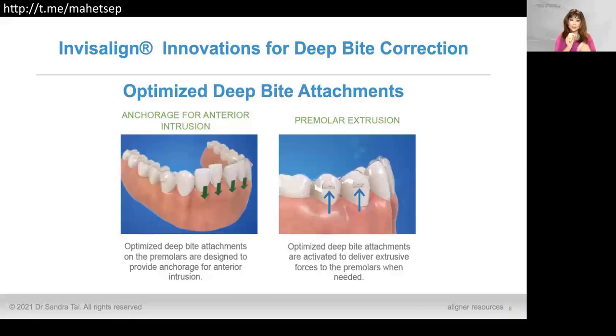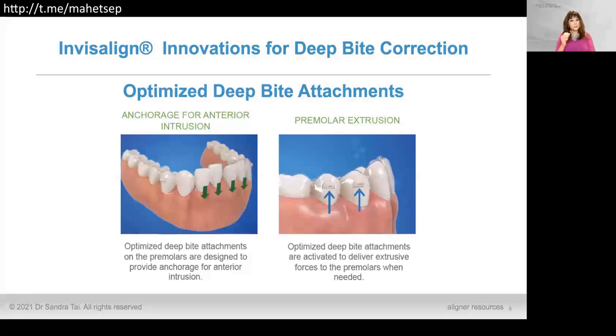When you select a prescription that says anterior intrusion only, these optimized deep bite attachments are then placed on probably one of your lower premolars to provide anchorage that's needed for anterior intrusion. The more severe the deep bite is, the more anchorage you're going to need. And so in extreme cases, you might have optimized deep bite attachments on two lower premolars, as well as horizontal attachments on your first molar as well.